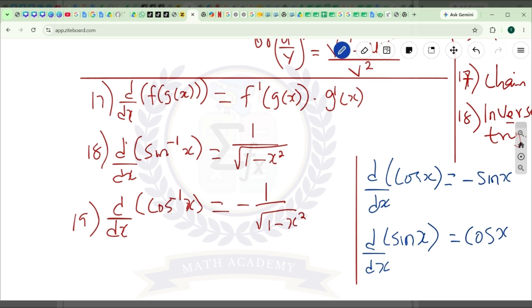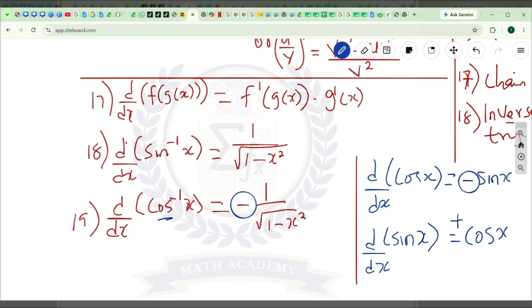When we're differentiating inverse of cos, we have a negative sign, just like here. And when we differentiated sine, we just had positive. Here we'll have it being positive. So take note, whenever you're differentiating a cos, there will be a negative sign attached to the differential function.